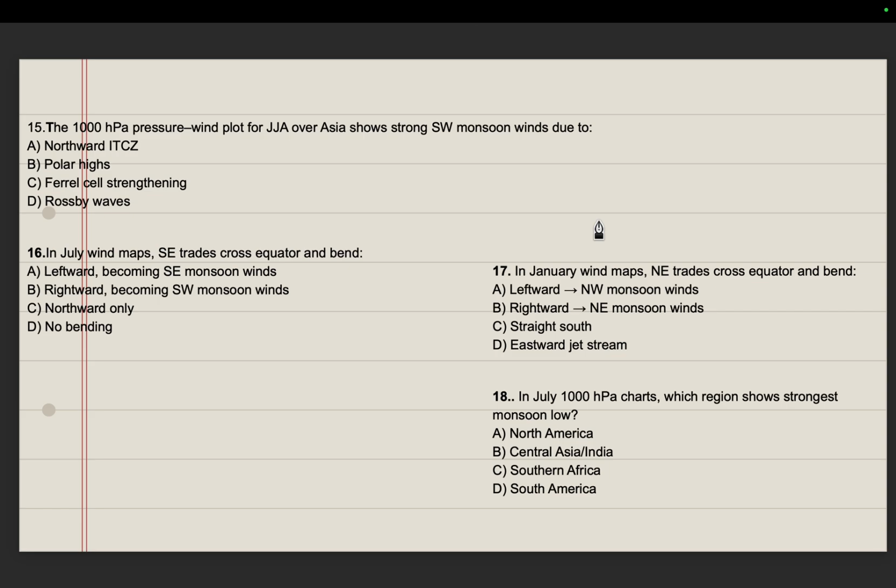Question 15, the 1000 hectopascal pressure wind plot, which was done in the boreal summer, June, July, August over Asia, has strong southwestern monsoon wind due to northward intertropical convergence zone, polar high, Ferrel cell strengthening, or the Rossby waves.